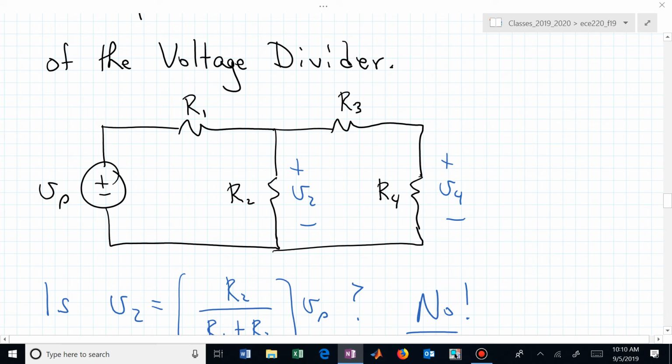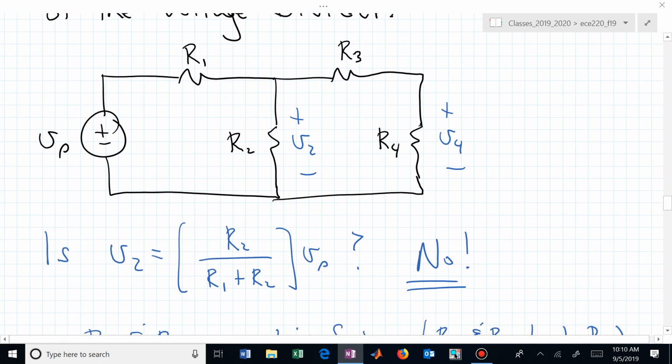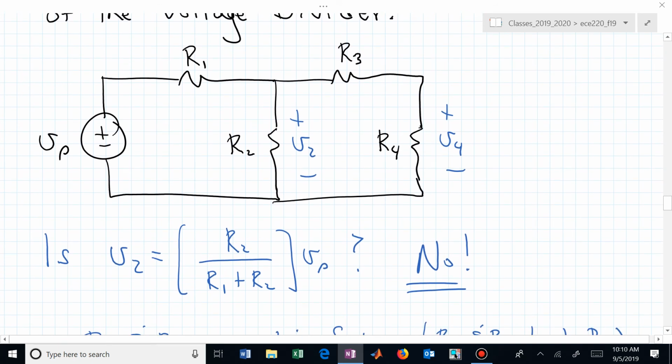Can you find a voltage divider or the application of a voltage divider? Look to the right. Look to the right. V4. Can we find that via a voltage divider?